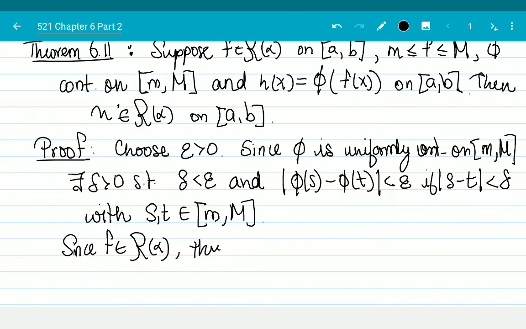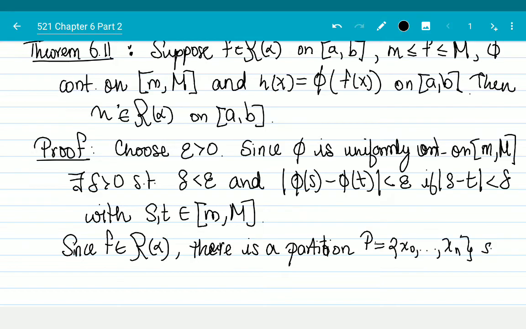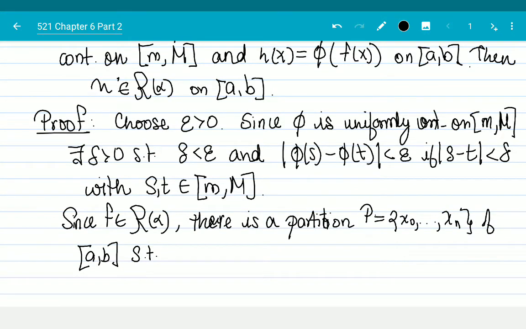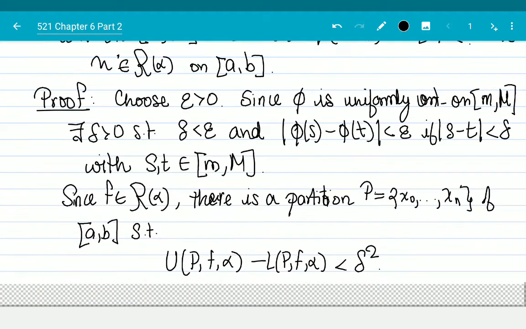There is a partition P of AB, which is x0 to xn, such that U of P comma f comma alpha minus L of P comma f comma alpha is smaller than delta squared. Okay.